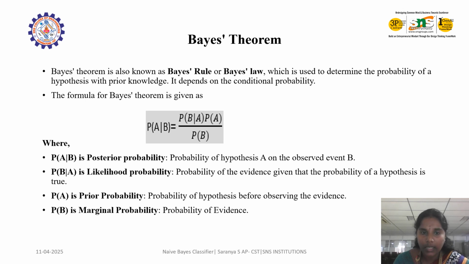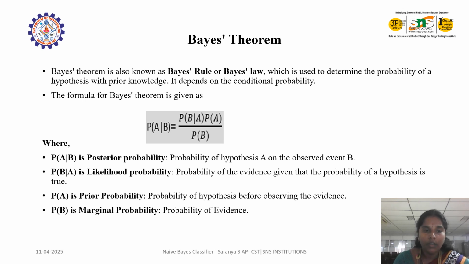The formula of Bayes theorem is given as P(A|B) = P(B|A) × P(A) / P(B), where P(A|B) is the posterior probability, the probability of hypothesis A on the observed event B. P(B|A) is the likelihood probability, the probability of the evidence given that the hypothesis is true.